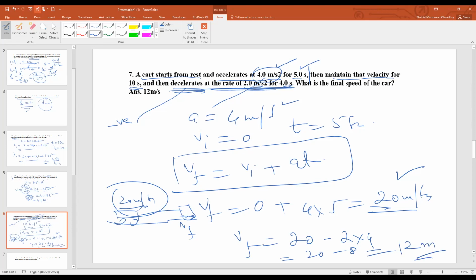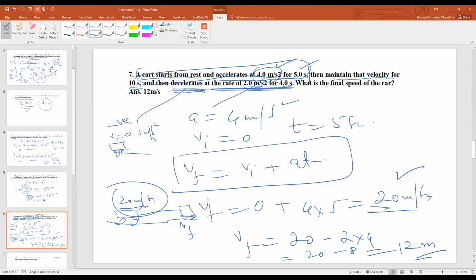This is the answer. Now understand, actually the car is starting. First, the car is starting from rest. Its initial velocity was 0. This statement is up to here. So it is moving with acceleration 4 meters per second square for 5 seconds.